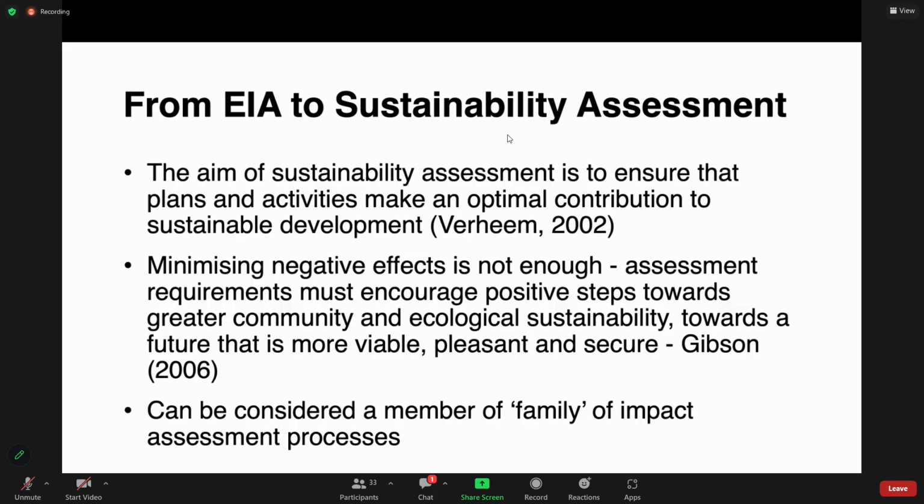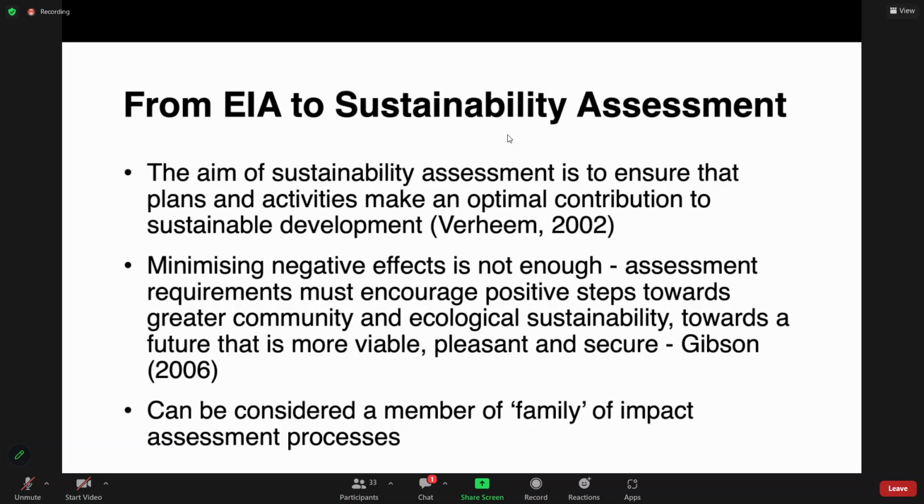So basically making sure that we are not only looking at environmental aspects, but also making sure that our plans and activities make a contribution towards sustainable development, the social aspects as well.